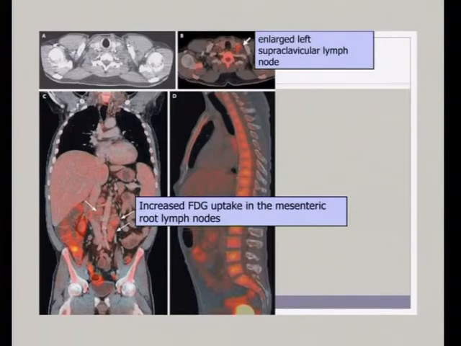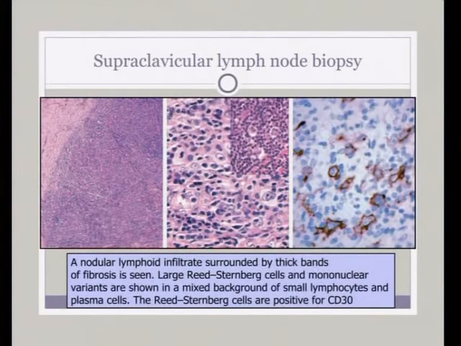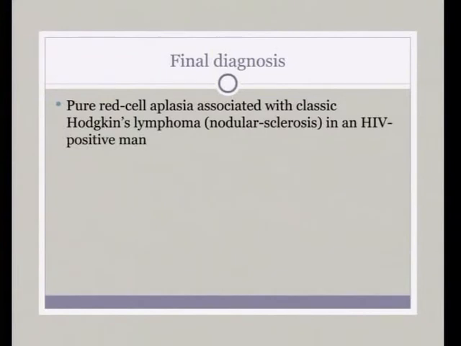A biopsy was performed, and that showed, of that supraclavicular lymph node, these cells, large cells within a population of lymphocytes, and they are Reed-Sternberg cells, and the diagnosis of Hodgkin's lymphoma was made. So this is a case of a patient with pure red cell aplasia associated with Hodgkin's lymphoma in HIV. And I think these are things that we see.